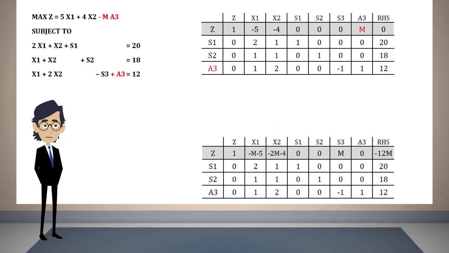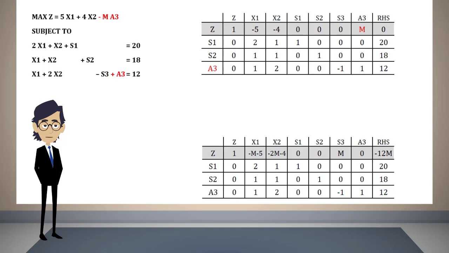Recall that to do this, we must divide the values of the right-hand side column by the values of the coefficients of the entering variable. And we select the smallest of them. The variable that enters the basis is x2, and the leaving variable is A3.